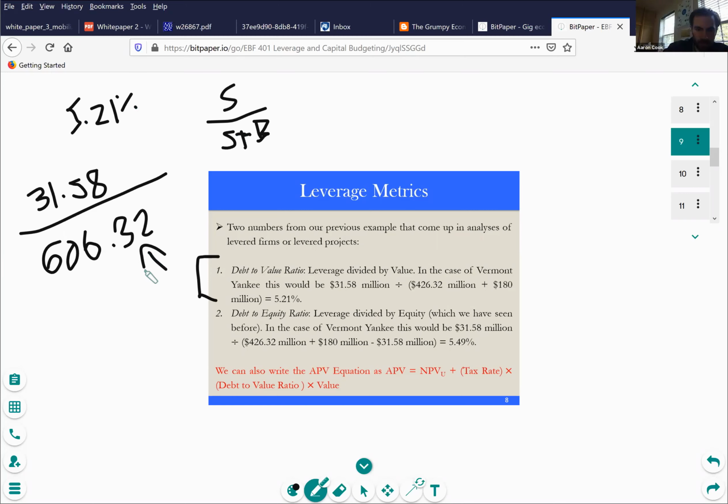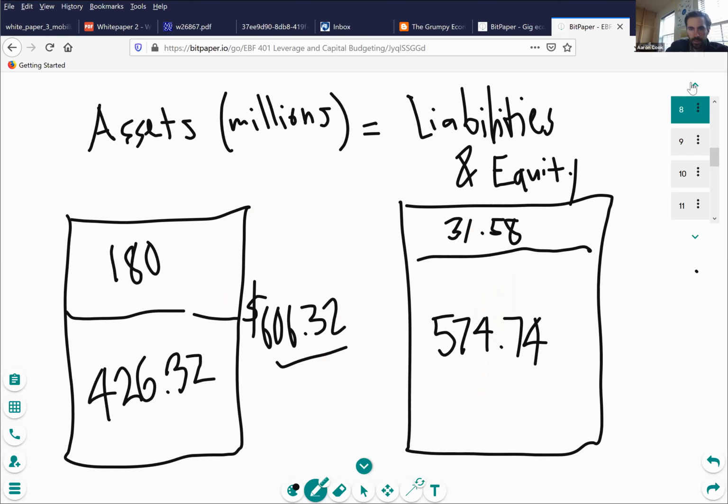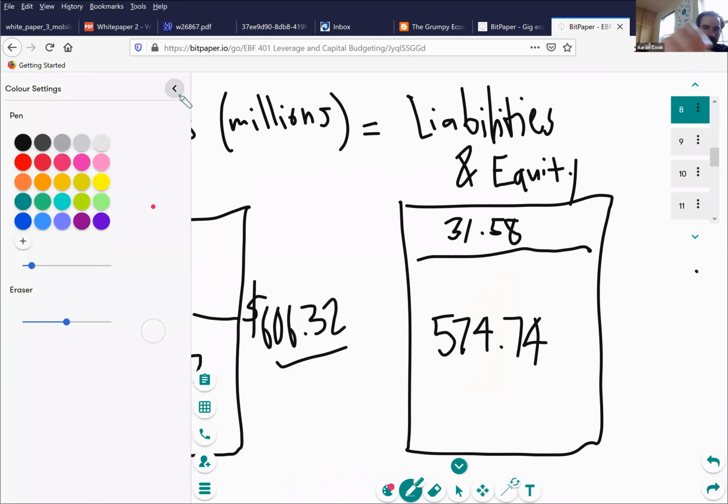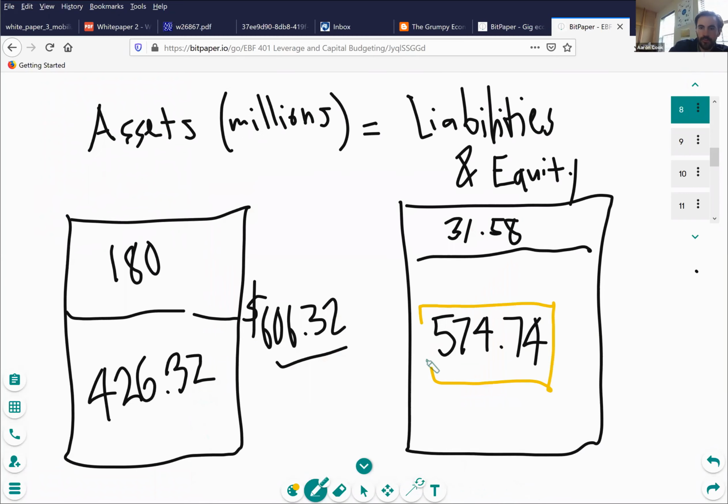There's also the debt to equity ratio, which would just be the 31.58 number divided by the equity portion of the firm. If we remember from this balance sheet model, the equity portion is the 574, which is the 606.32 minus 31.58.